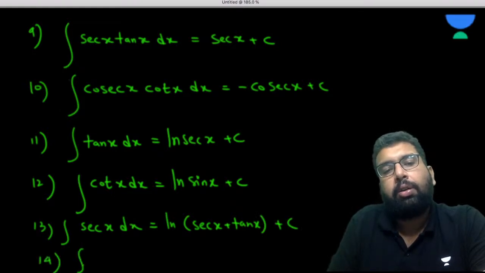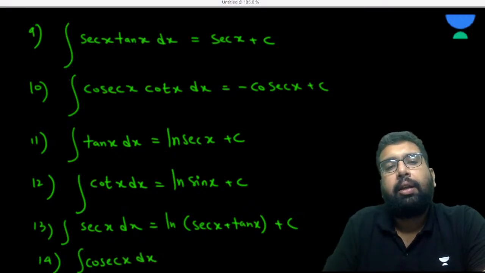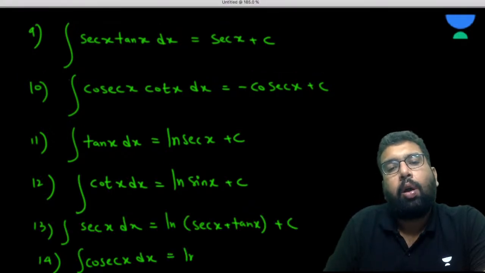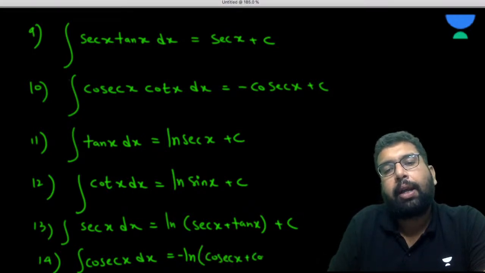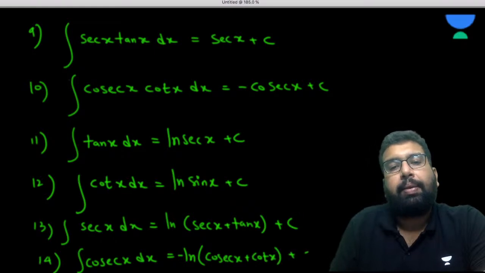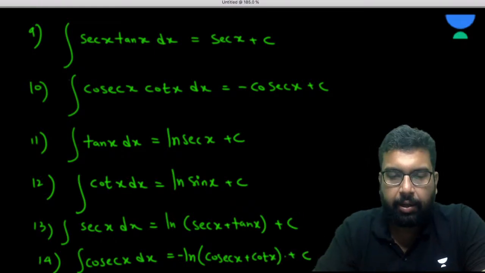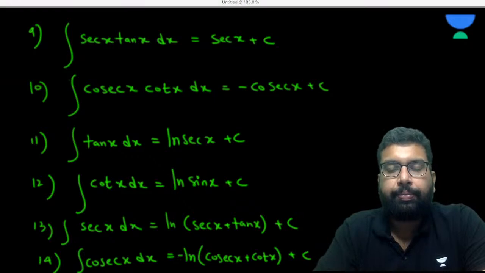Integration of cosec x dx is actually minus log of cosec x plus cot x plus c. Okay, understood, beta? Okay.